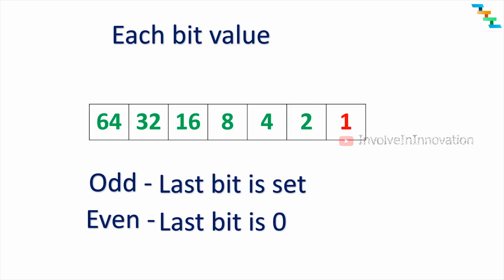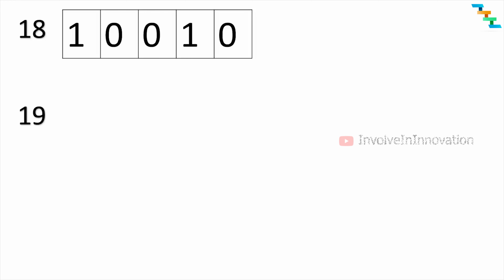With this, we will try to find how many ones are present in the number 19. We know that 19 has 1 in the last bit, and if you have 1 in the last bit, it increments the value by 1. So if you know the number of ones present in the previous value, which is 18, we can add 1 to it.